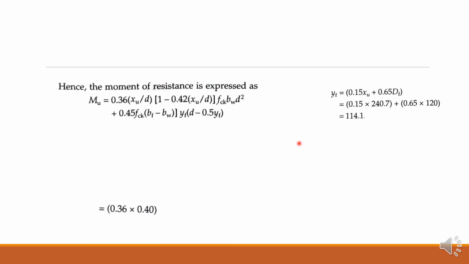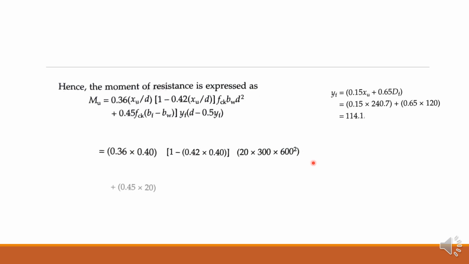So substitute the values one by one. That is 0.36 into XU by D, XU by D already 0.4, then 1 minus 0.42 into 0.4, then FCK we know 20, into 300 into 600 square, plus 0.45 FCK, that is 20, into BF 1200 minus 300, into YF already determined as 114.1, into D, we know 600, minus 0.15 into 114.1.